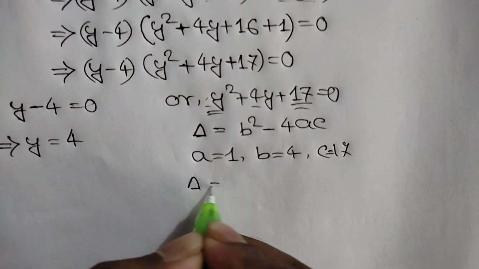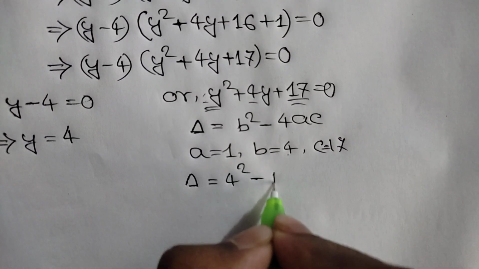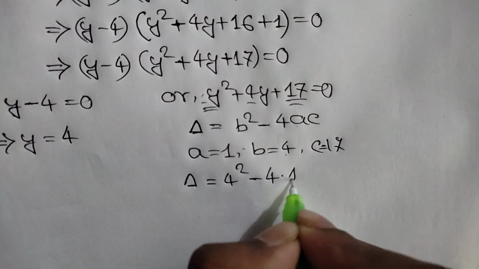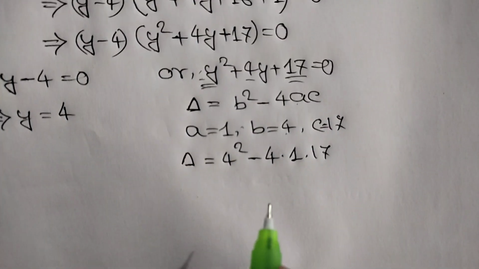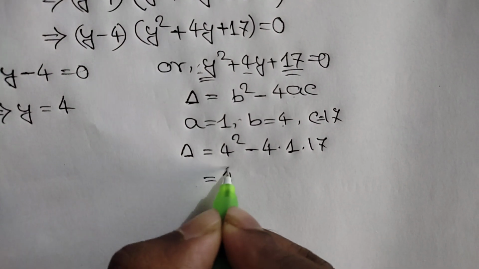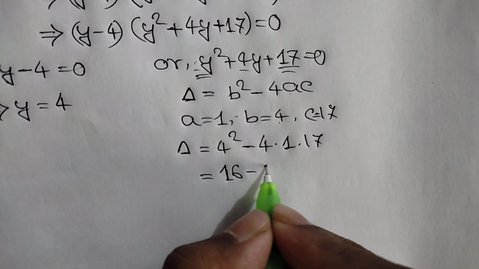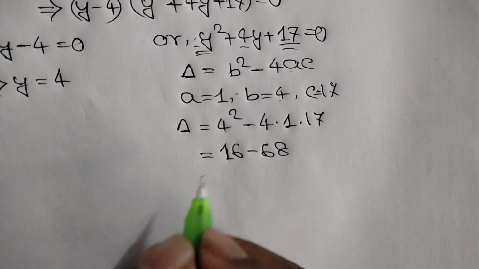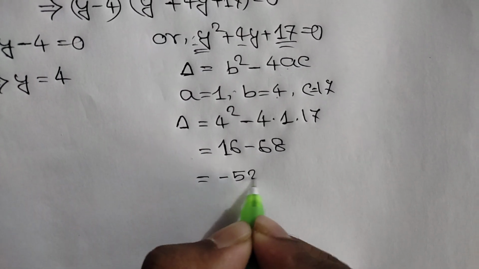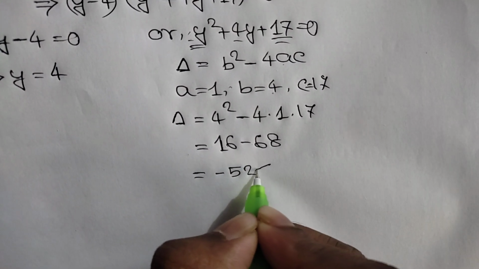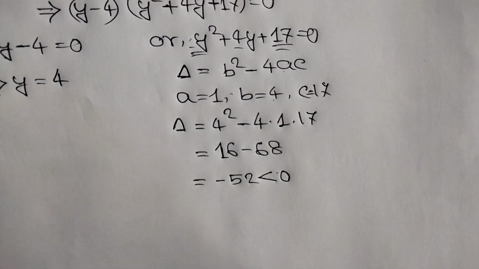So del is equal to 4 square minus 4 times 1 times 17, that means 16 minus 68, that means negative 52. Now negative 52 is less than 0, so there are no real solutions.